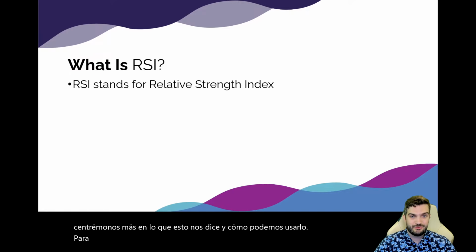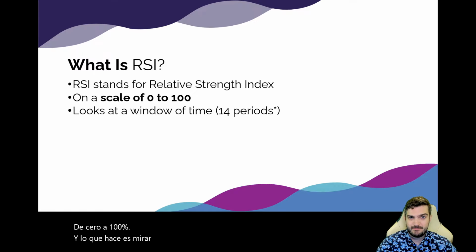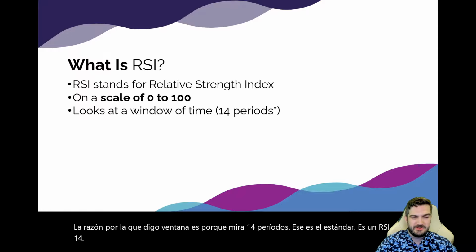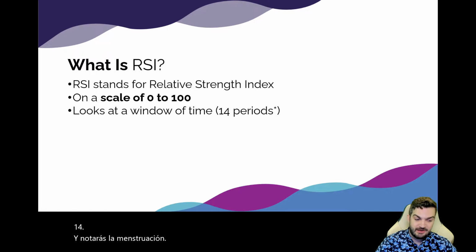This is on a scale of 0 to 100%. And what it does is it looks at a window of time. The reason I say window is because it looks at 14 periods. That's the standard, an RSI 14. And you'll notice I say periods. Why isn't he saying days? Why isn't he saying weeks?